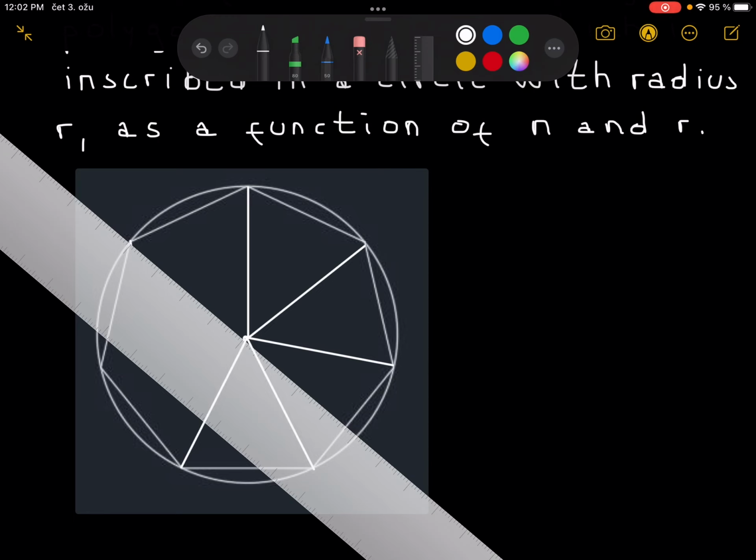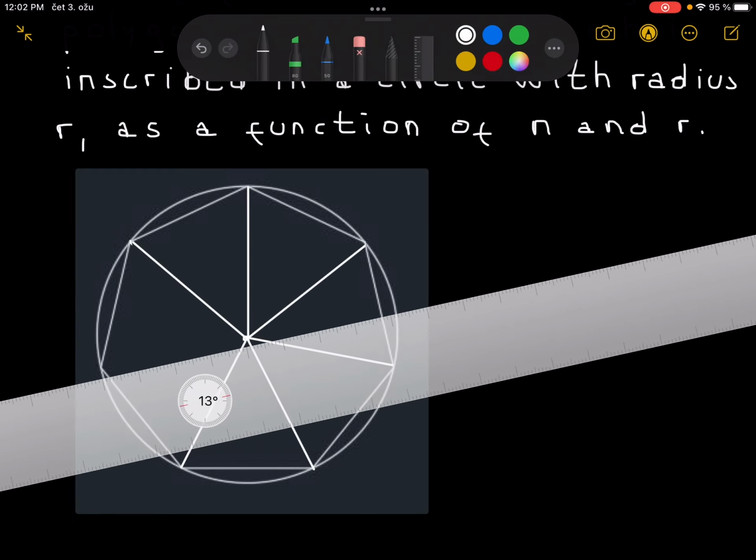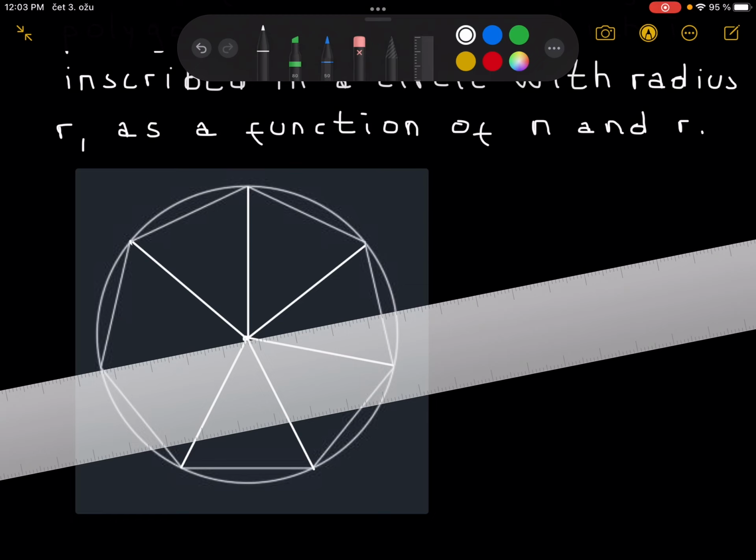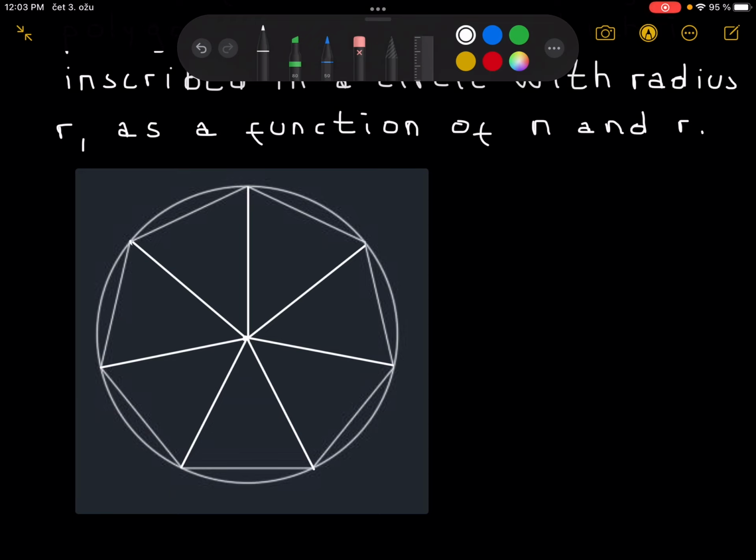I'm not drawing this as accurately as I'd like, but it doesn't really matter, you'll still get the point. Okay, now that we've connected this, we can see that we got 7 triangles which are exactly the same. Let's also notice that each of these sides has a length which is exactly equal to the radius r of our given circle.